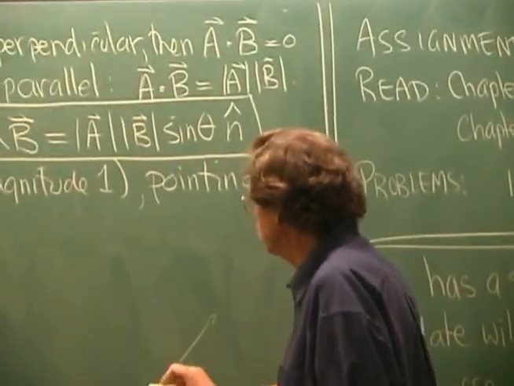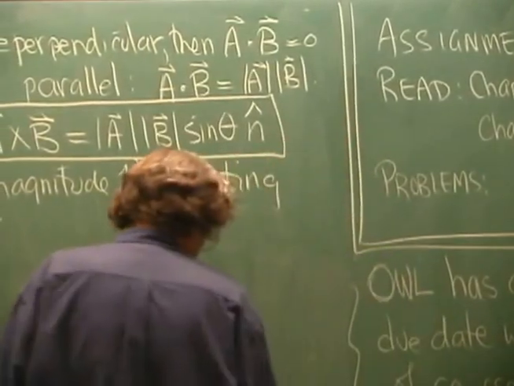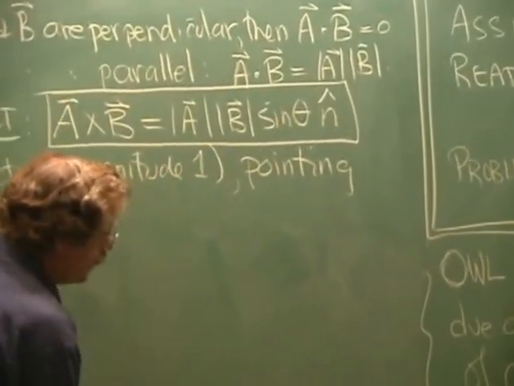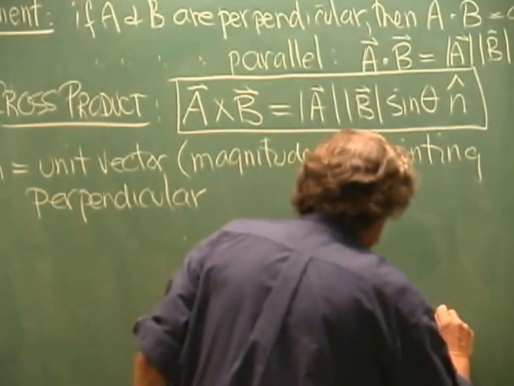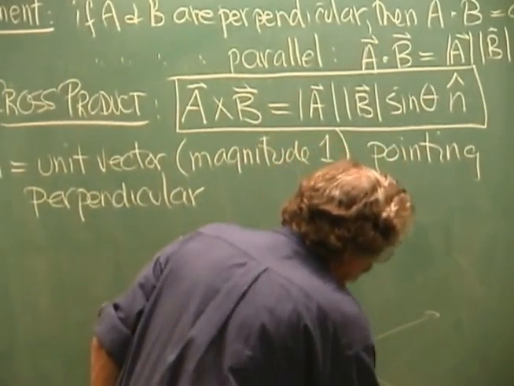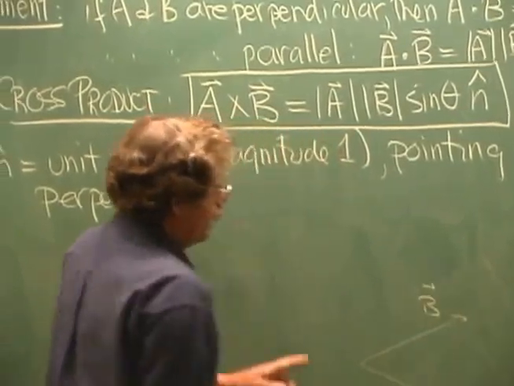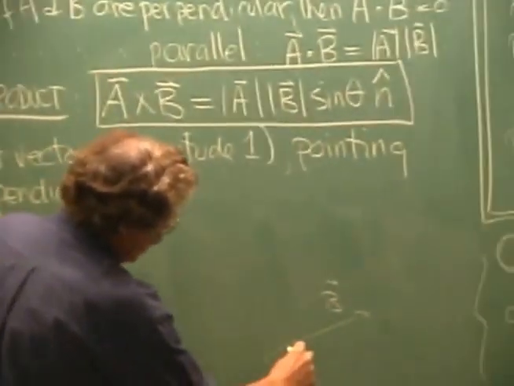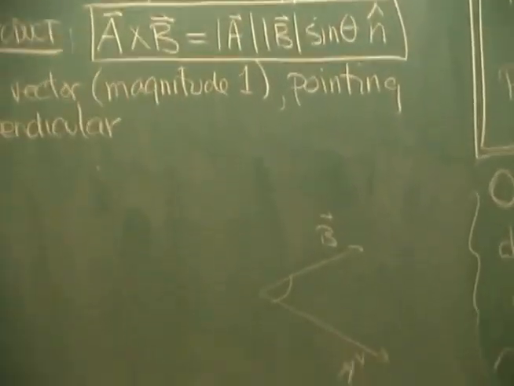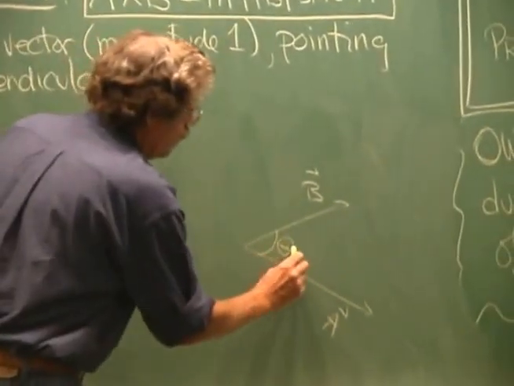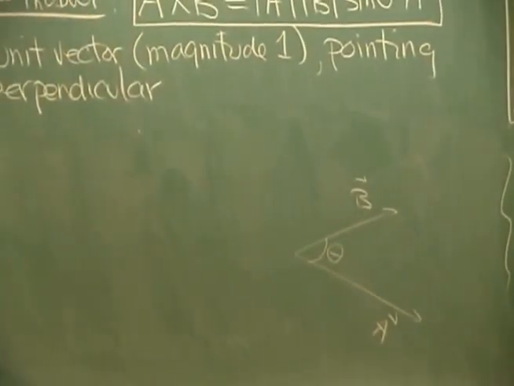Here are two vectors, A and B. I'm going to draw these so that they look like they're in the horizontal plane here. So that's going back into the board, and this is coming sort of out of the board. A and B going back into the board. And can I put the angle theta there so it looks like we're looking at that obliquely?